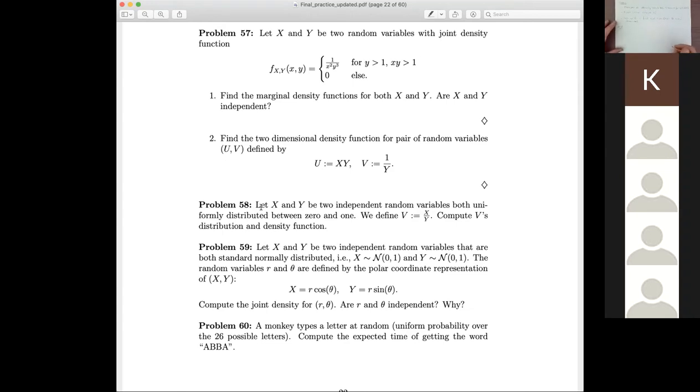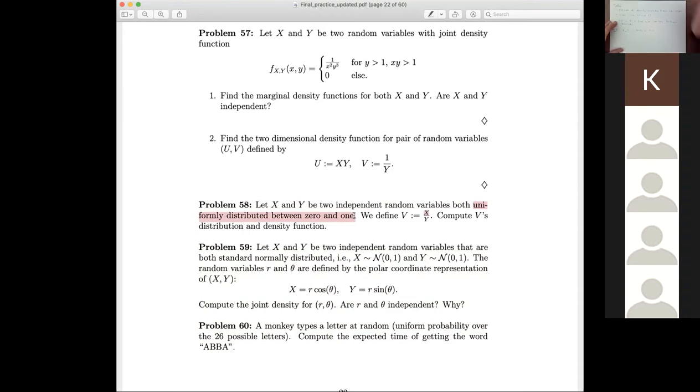What you're given is two random variables, x and y. They are independent, and that's an important word, right? And they're uniformly distributed on 0 to 1.